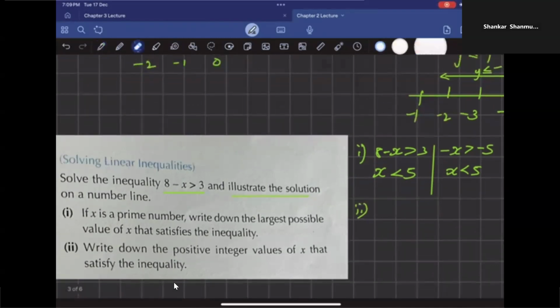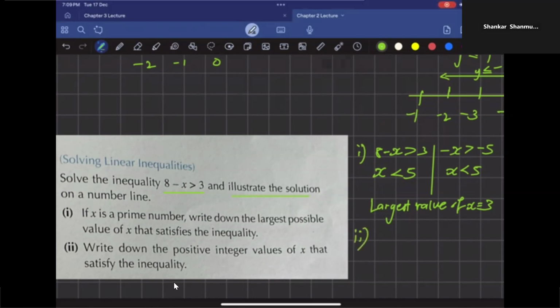Then if x is a prime number, write down the largest possible value of x that satisfies the equation. So in this case, it's not less than or equals to, so the largest possible value of x is equals to 3. Okay? Remember, it's a prime number, it can only be divisible by 1 and the number itself.